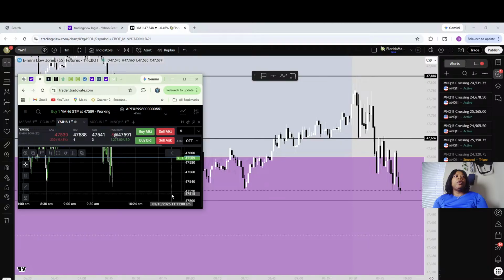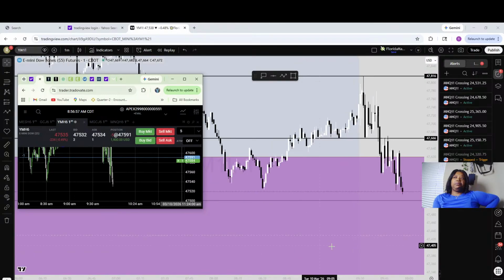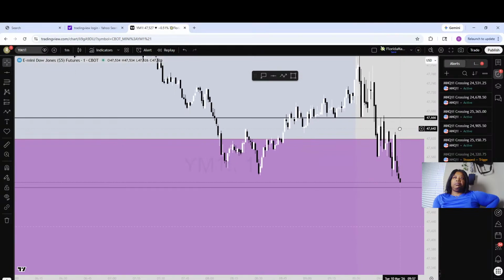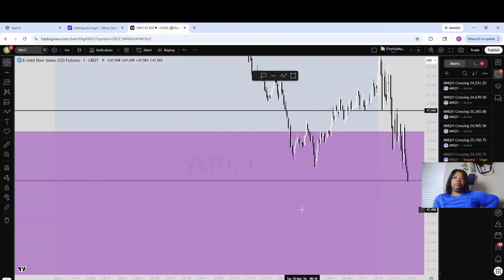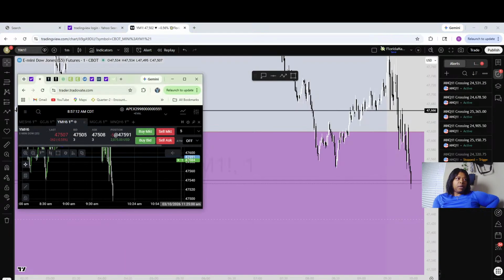Just give it room to breathe so that it's a risk-free trade. But I think it wants to come to the midnight candle. I've gone past that.